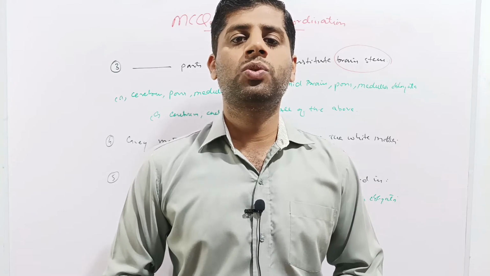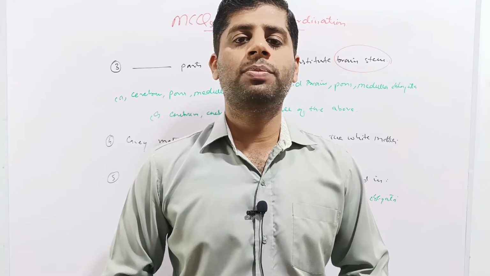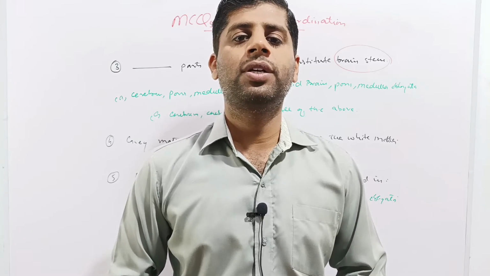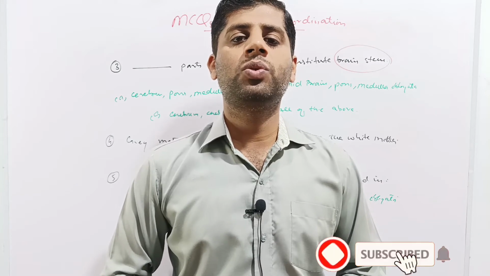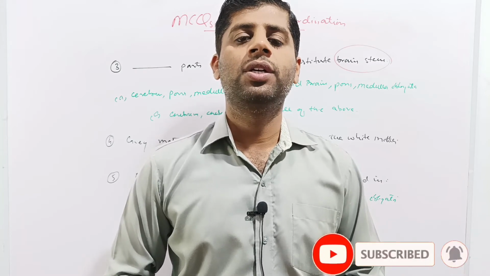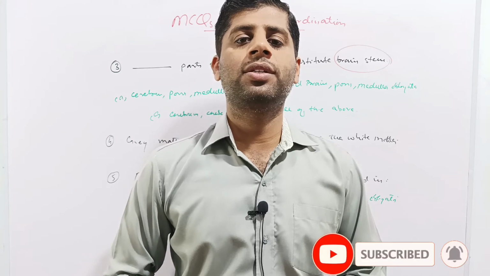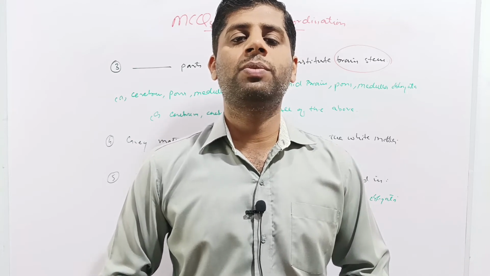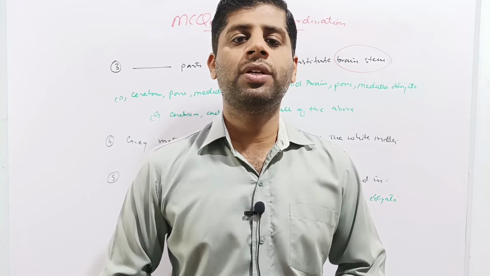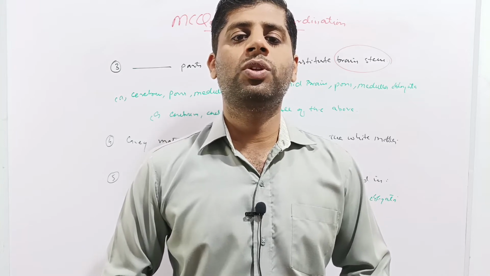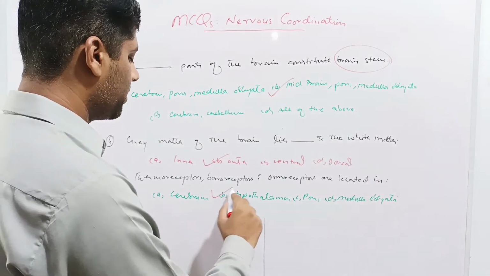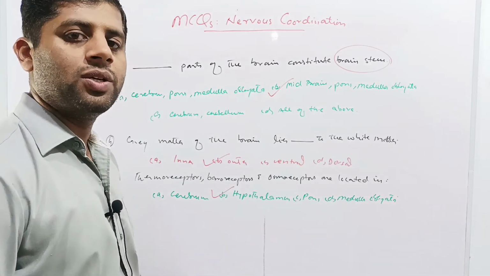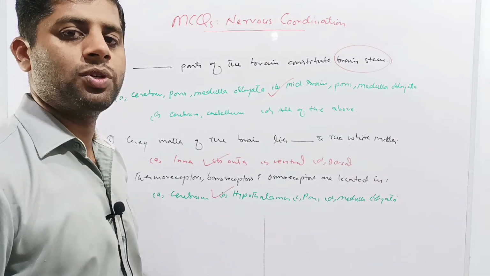The baroreceptors are used to sense the blood pressure, the osmoreceptors are used to detect the osmotic pressure of the blood, while the thermoreceptors are used to determine the temperature of the blood. So all these kinds of receptors or sensors are located in the hypothalamus. The hypothalamus, also called the master gland, is a very significant and important part of the brain which performs particular functions pertaining to the homeostasis of the body. Option B is correct, the hypothalamus is the part of the brain where the osmoreceptors, baroreceptors and thermoreceptors are located.